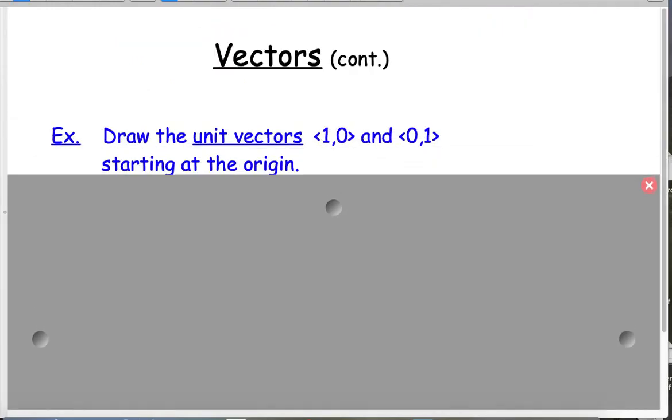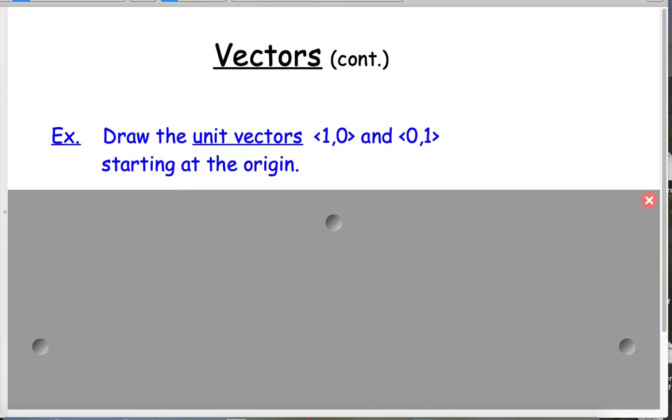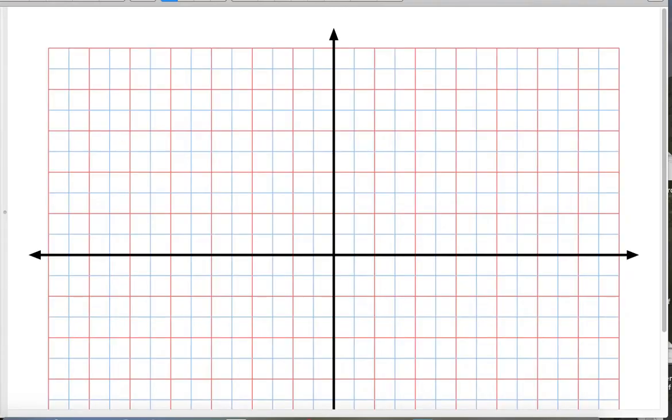All right, so let's talk a little bit more about vectors, especially these vectors that have a length of 1. We're going to call those unit vectors, kind of like the unit circle. We call it the unit circle because it has a radius of 1. So unit vectors have a magnitude of 1. So if I draw the vectors (1, 0) and (0, 1), starting at the origin, let's say green for (1, 0).